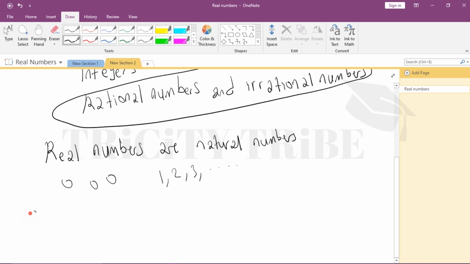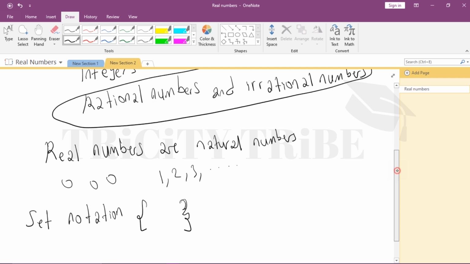Now in mathematics there's something called set notation. Set notation is always represented by curly brackets. I still don't know how to draw this properly, but please bear with me.